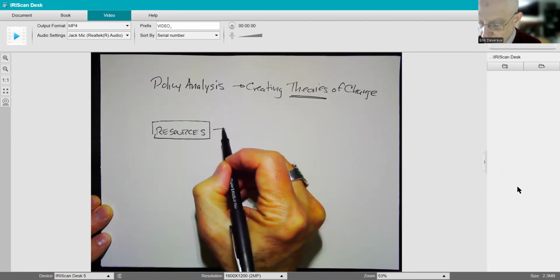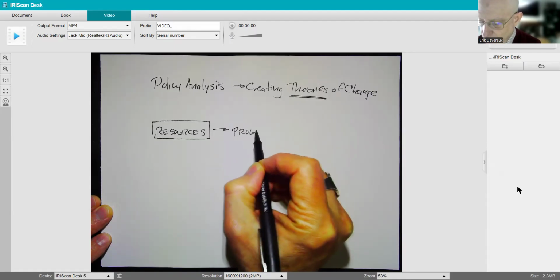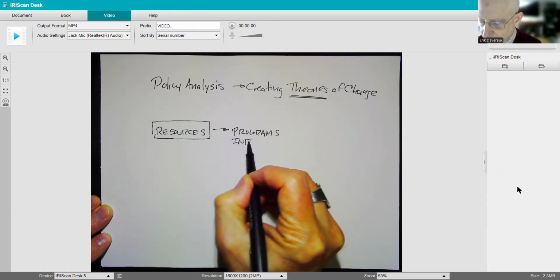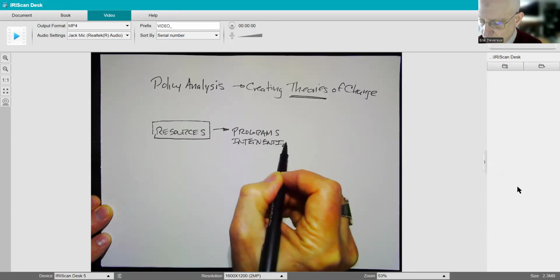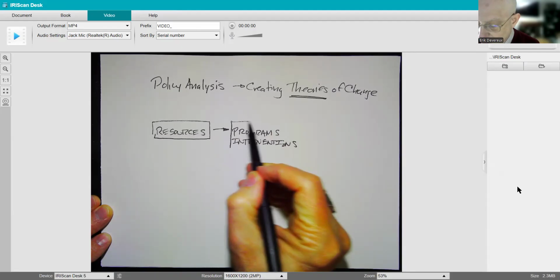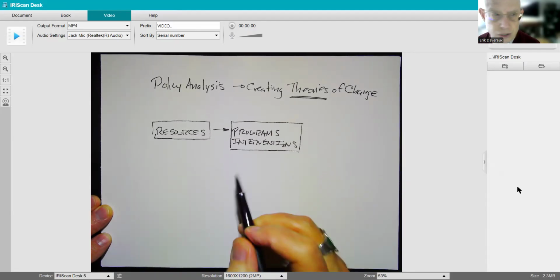We take those resources and we use them to create programs in the world. You could also call them interventions. We change what government does. We change what a nonprofit organization does. We do something different that affects the community using the resources to run programs or interventions.